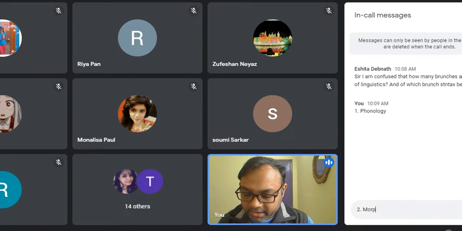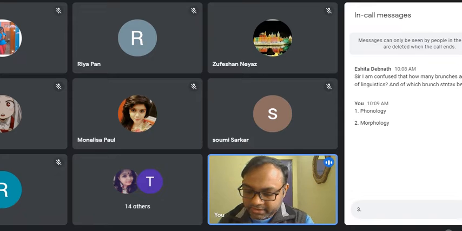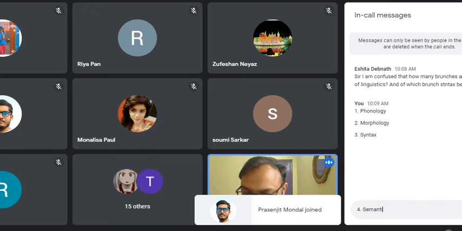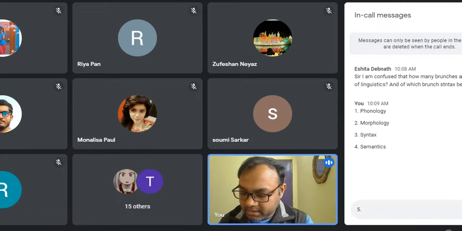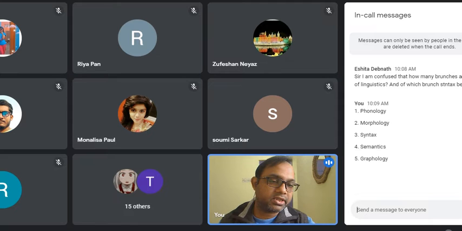Then there is morphology, then our topic of discussion, syntax, then semantics, and then graphology, which we do not study. So these are the five branches, and syntax is one of them.